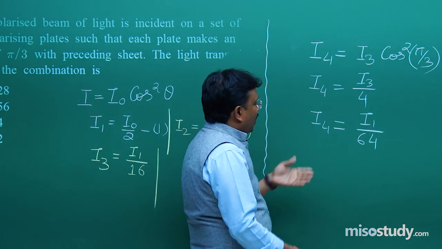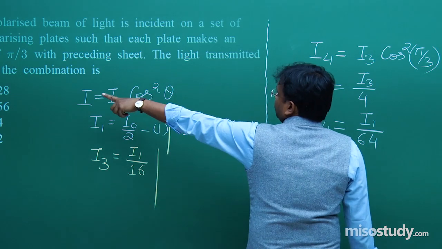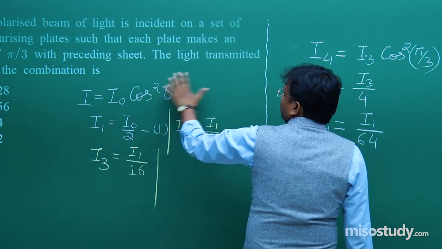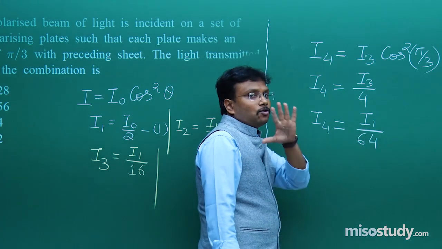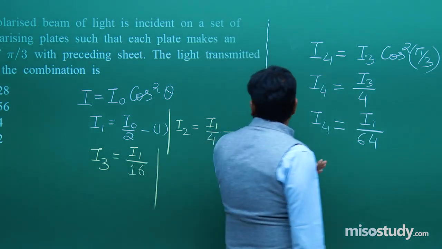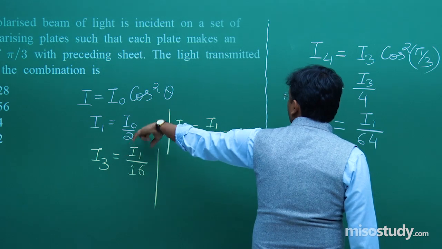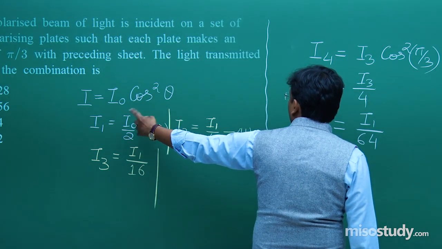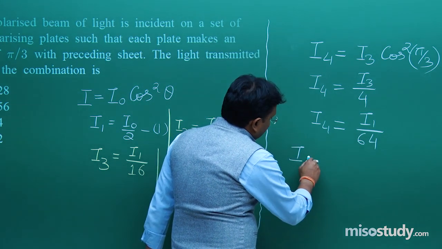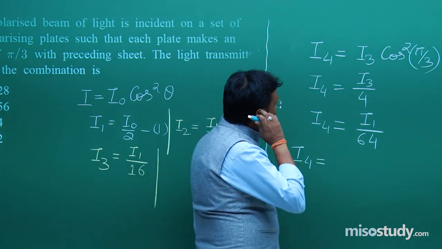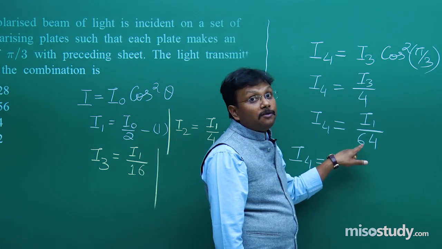Ultimately, we have to find the final intensity. Fine. The light transmitted through the combination, what is the final intensity? So what we are supposed to do now? Put the value of I1 from equation number 1 in this relation. So finally, I4 is equal to I1 by 64.